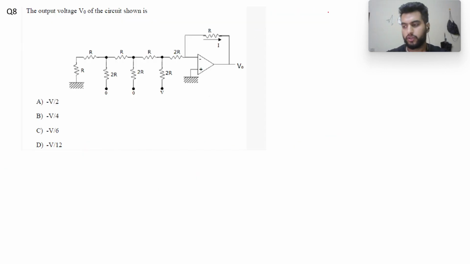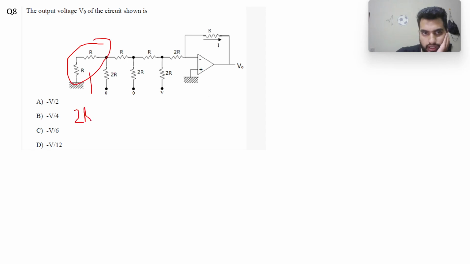Now go towards question number 8. The output voltage V naught of the circuit shown is, so we need to find out the output voltage of the following circuit. Let me show the elaborate method. We will just reduce this circuit. This R and R are in series, so this will be 2R, and then this 2R and this 2R are in parallel.